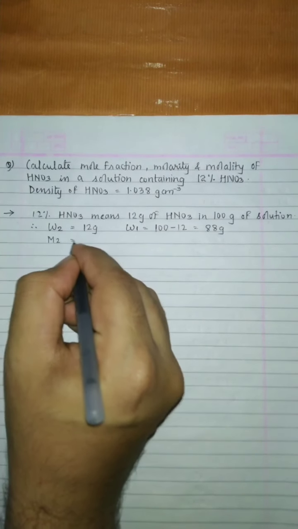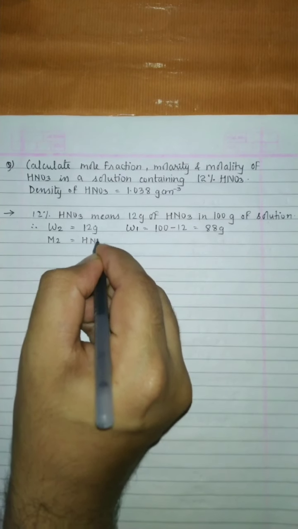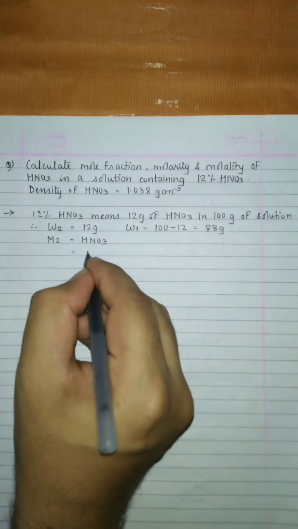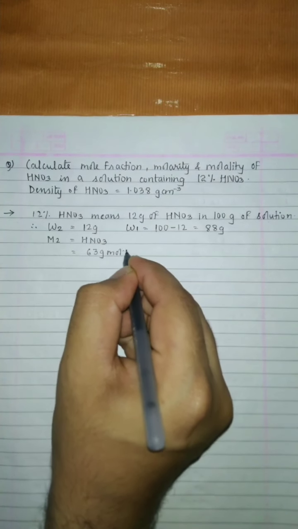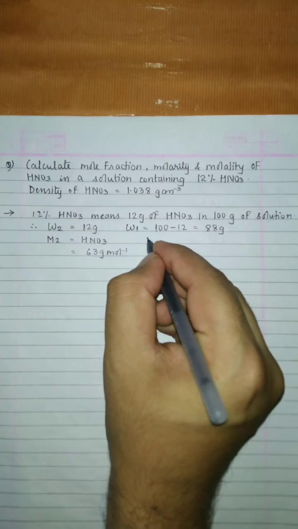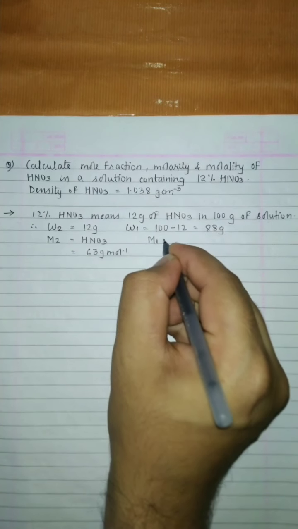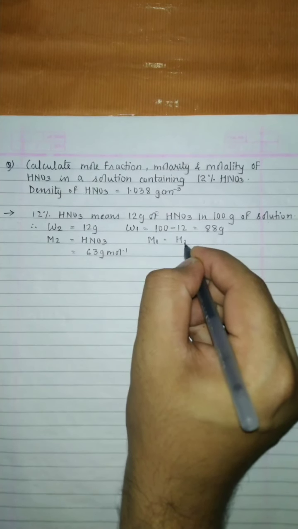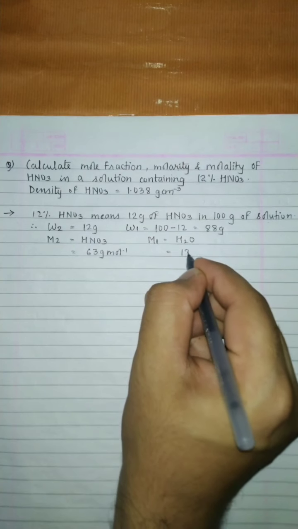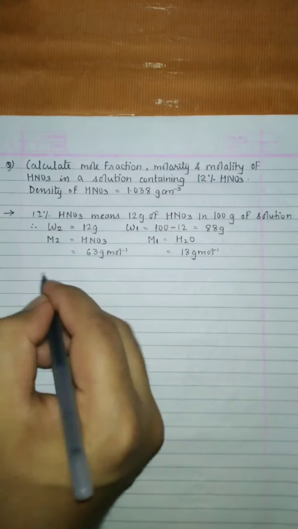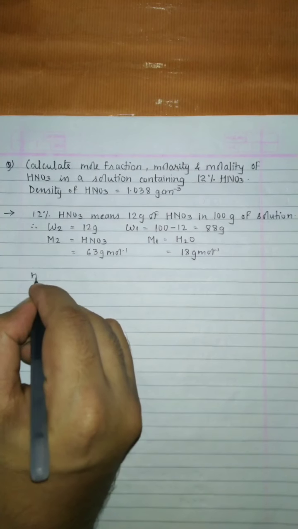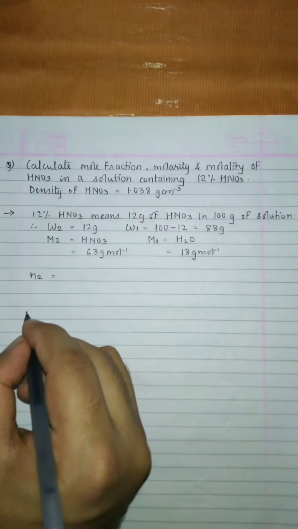Now over here the solute is HNO3. So molar mass of HNO3, when we calculate, comes equal to 63 grams per mole, while molar mass of solvent M1, here solvent is water, and molar mass of water is 18 grams per mole. Now first we'll calculate number of moles of solute as well as solvent.